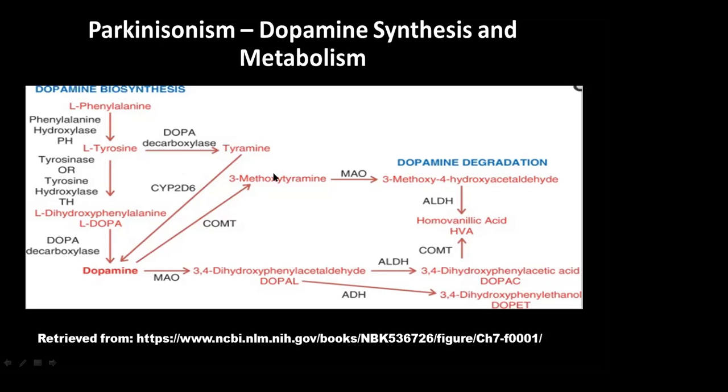So for the metabolism of dopamine, we have the MAO and the COMT as the enzymes that metabolize or degrade this neurotransmitter, giving rise to the end products HVA, which is homovanillic acid, and DOPAC also.